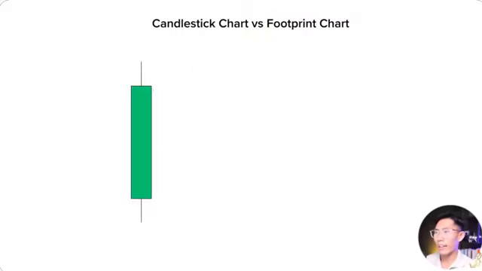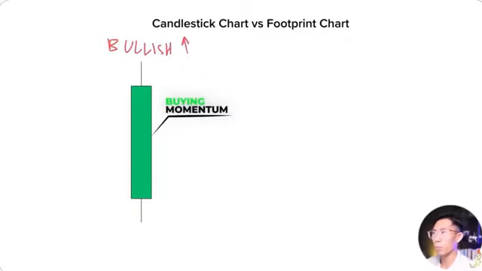Now, when you look at a candlestick chart just like this, it doesn't really give us information about volume, price, and the exchange between sellers and buyers, right? When you see something like this, all this green candlestick tells you just that this is a bullish candlestick, right? And this tells us that, okay, there's buying momentum and price is going up. But that's all it is.